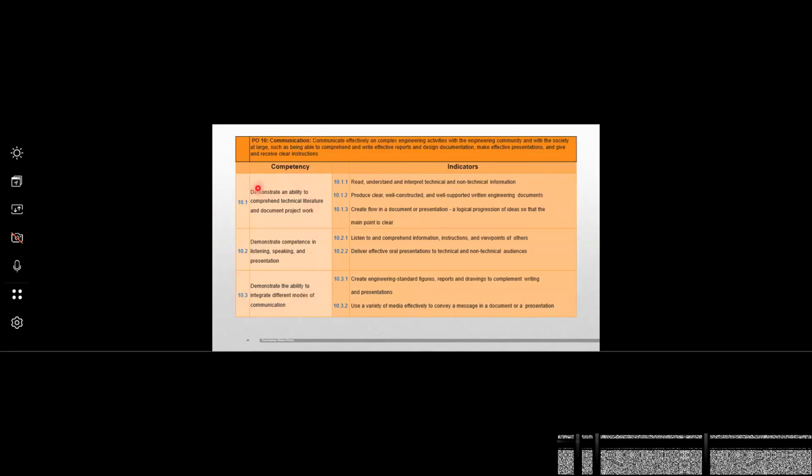We have 3 competencies, and the corresponding indicators are given here. You can make use of the same indicators for most of the program outcomes, as only for certain knowledge and design part, engineering knowledge and design and certain things we need to change. Rest you can use the same competencies and indicators. Next slide, please.